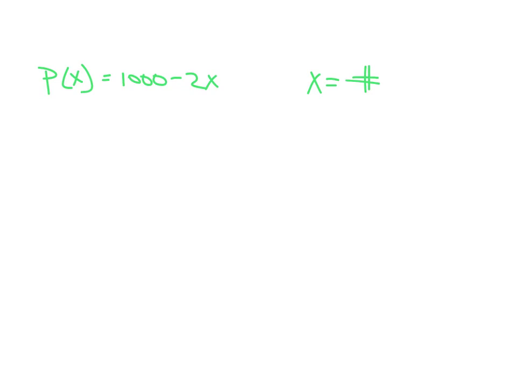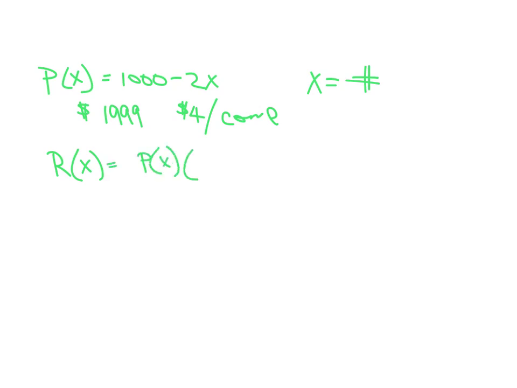Alright, so it costs us $19.99 for setup fees, etc., and a production cost of $4 per component. Alright, they give all that here. Write the equations that model total revenue and total cost. Okay, so total revenue would be R of x equals P of x times how many we sell.